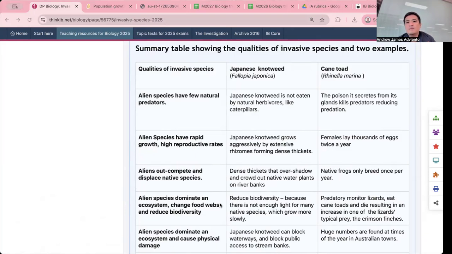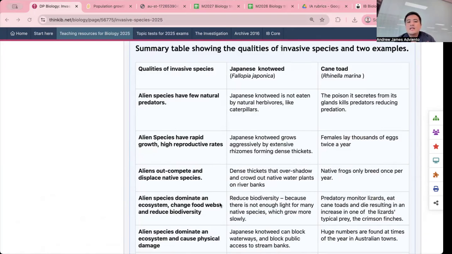It grows extremely fast and smothers native vegetation. Zebra mussels are native to the Black Sea. They were introduced via ship ballast water. In their new environment, they clog waterways and outcompete native mussels.